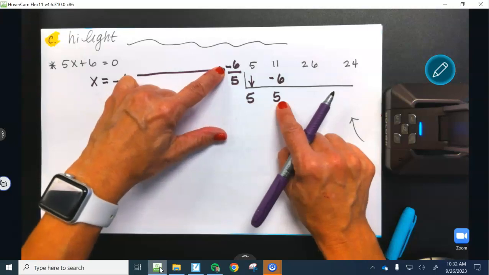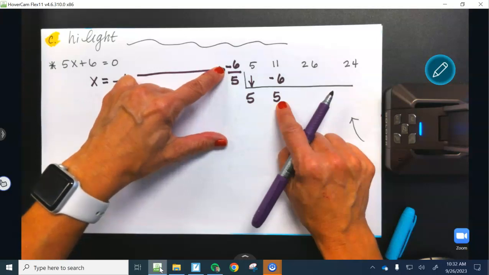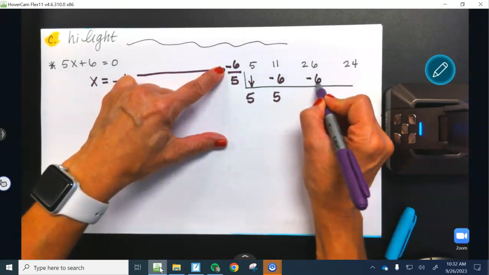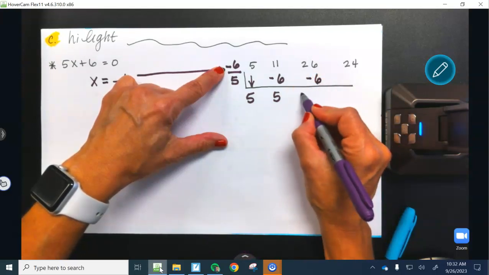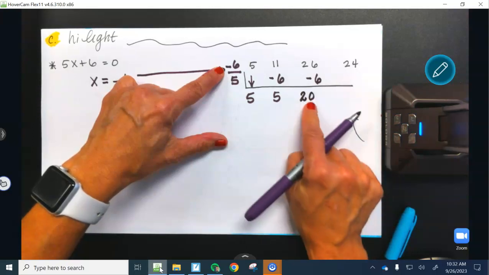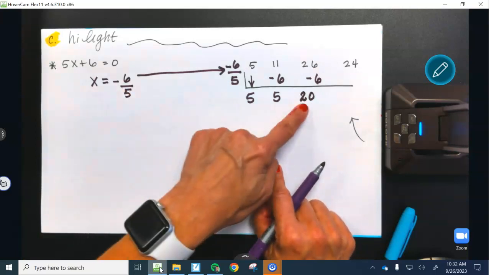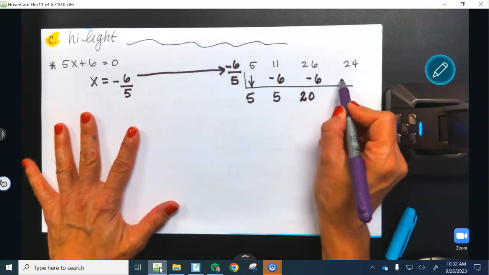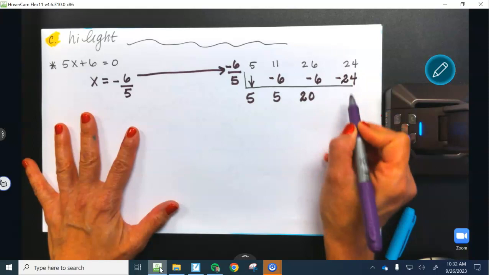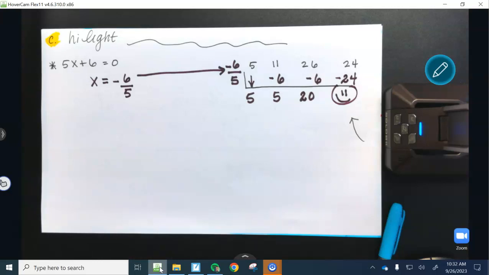What happens? Another negative 6. What's 26 minus 6? Y'all better be careful. What's negative 6 times 20 divided by 5? Or what's 20 divided by 5 times the negative 6? Negative 24. That's right. Thank you. It's about time somebody else recognizes how special that is.